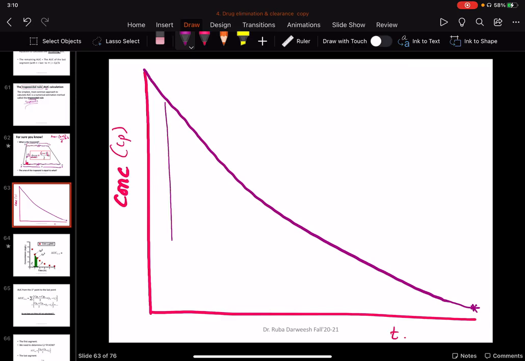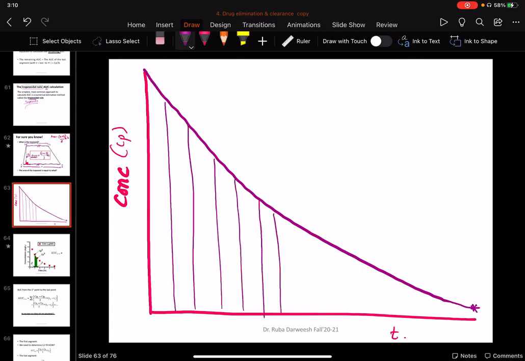Okay, again, those are trapezoids. Usually, to make the trapezoidal method accurate for determining area under the curve, we need to have as many trapezoids as we can. Why is this?